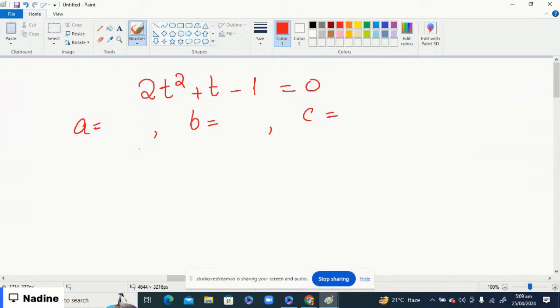Now you tell me. Just think about it, then I will write it. Your a is the first one with the square, and b is 1. And what is c? Negative 1. Now let's take the formula.